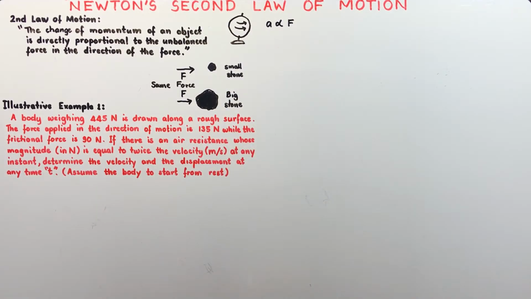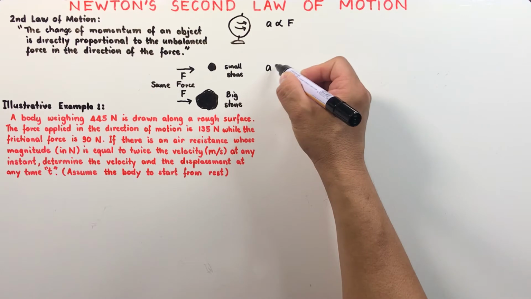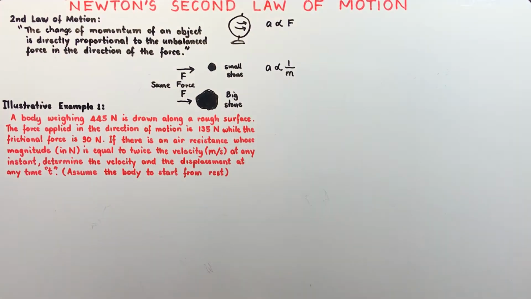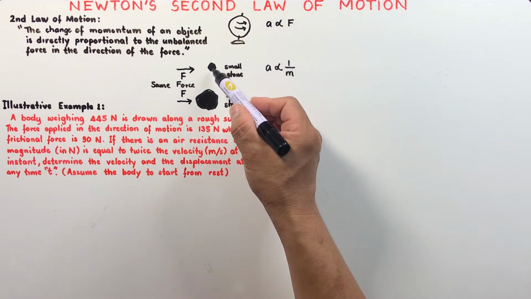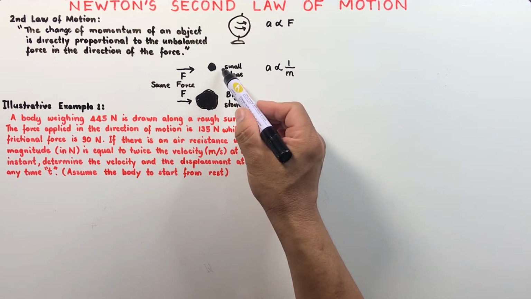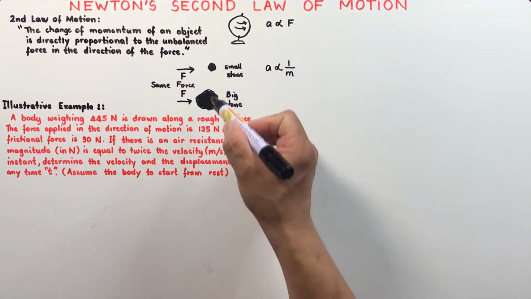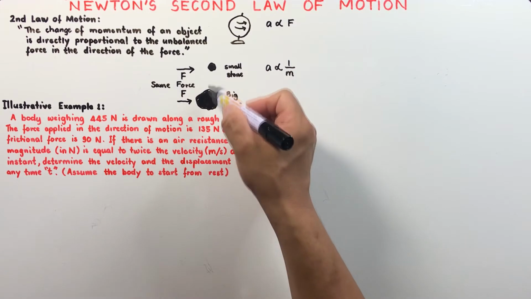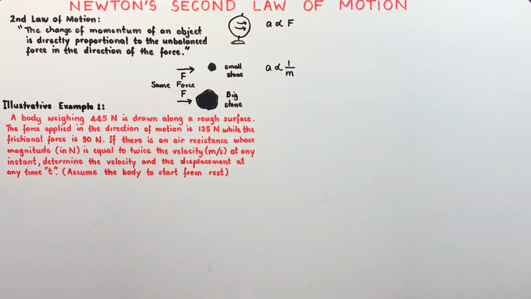So we conclude that the smaller the mass, the greater the acceleration, and the bigger the mass, the smaller the acceleration. In other words, acceleration is inversely proportional to mass, because an object having a smaller mass will accelerate more than an object that has a greater mass, given that the same force is applied to these two objects.